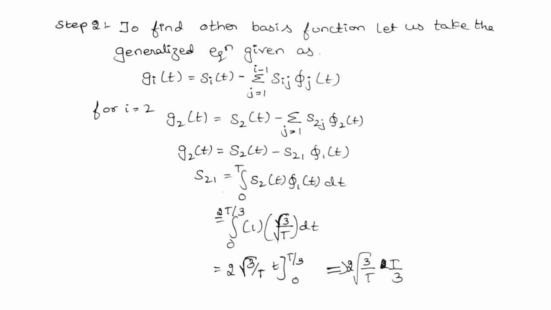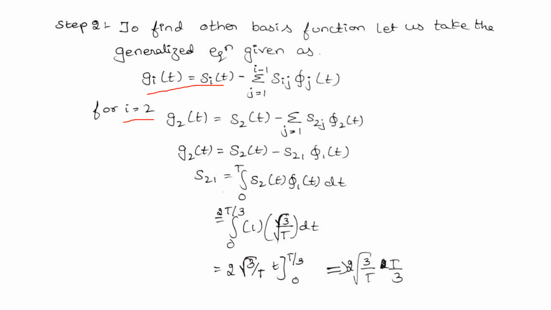Step 2. To find the other basis functions, let us consider the generalized equation given over here, that is gi of t is equal to si of t minus the summation from j is equal to 1 to i minus 1 of sij phi j of t. I am considering i is equal to 2.